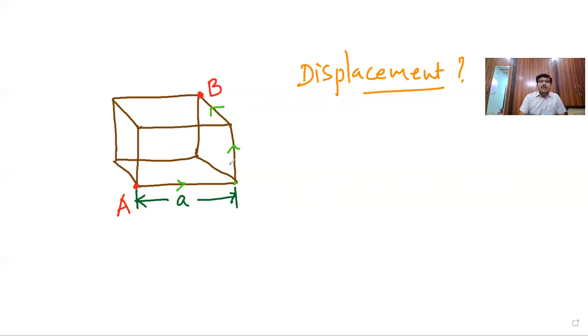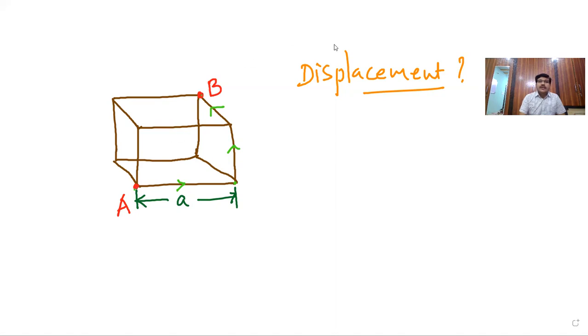Now, this is the path length. Path length is the actual length traveled by the man. Path length is nothing but distance. But he is not asking distance, he is asking the displacement. Hence, what is the displacement? In the previous class we have seen the length of the straight line joining the initial point to the final point.